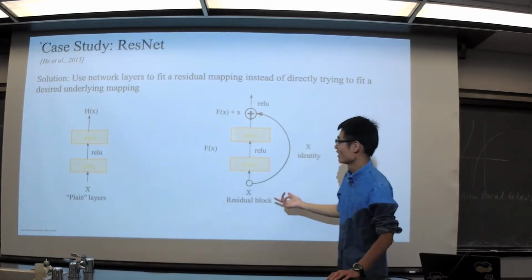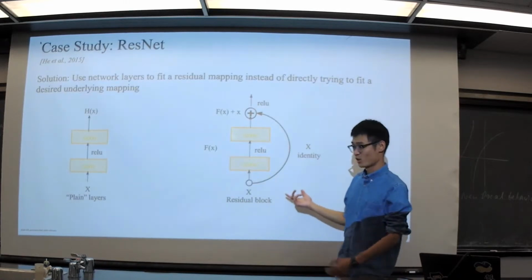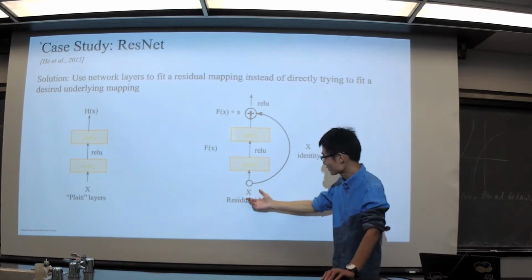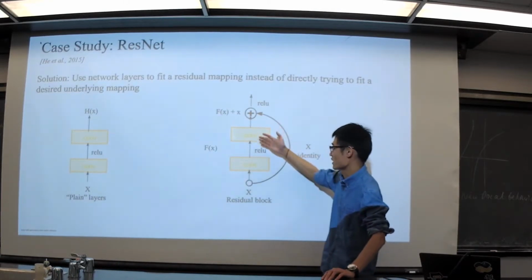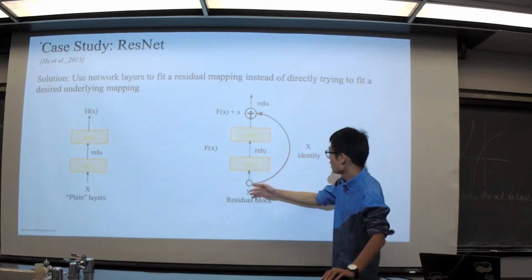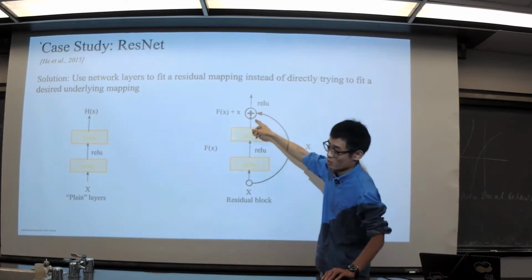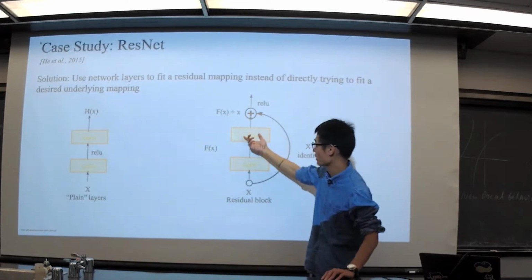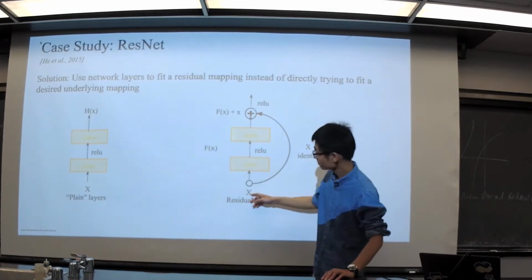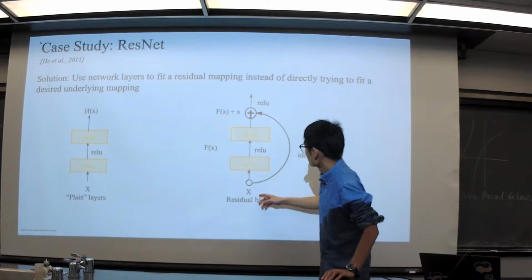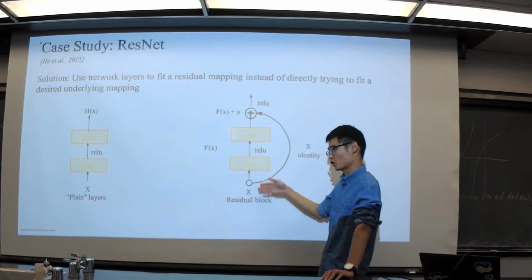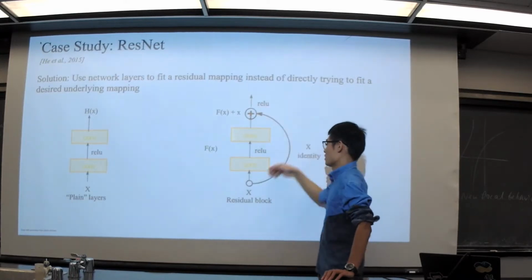Here's Kaiming's solution. Actually, it's a very obvious idea, but no one knew at the time. I have an input, and of course I need these convolutional layers or ReLU or batch normalization. But I have a bypass to pass this value directly to the output. So I have F(x) coming from this convolution plus this x. With this bypass, when you do the backpropagation, the loss can directly come here.